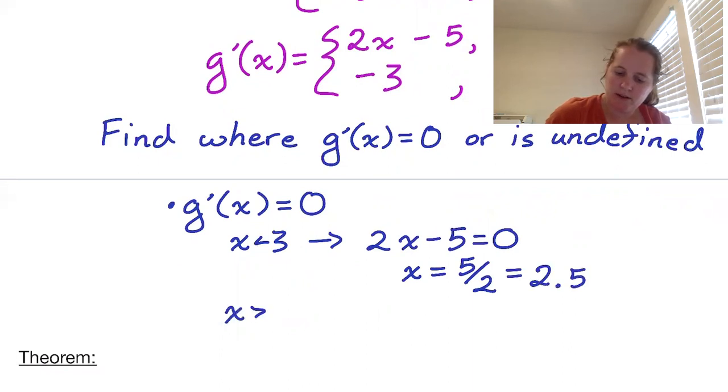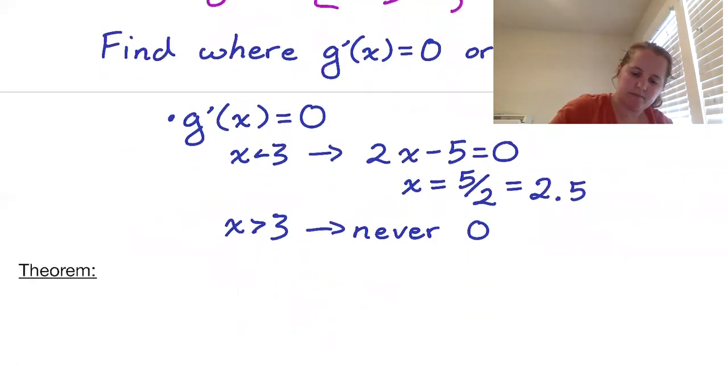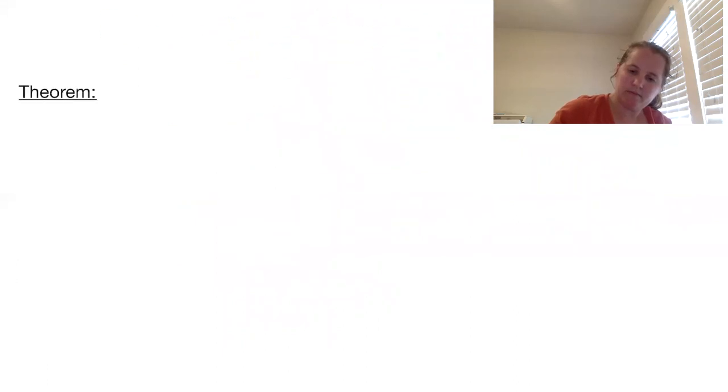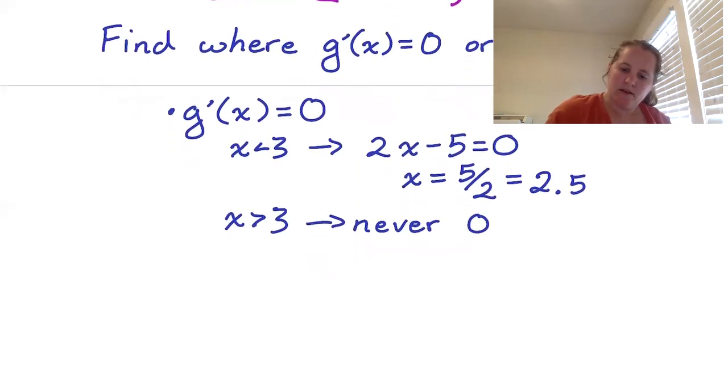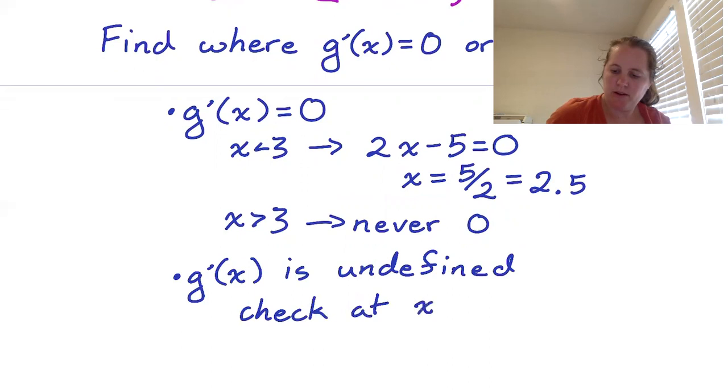For x greater than 3, it's never 0. If we want to look where g prime of x is undefined, we're going to check at x equals 3.